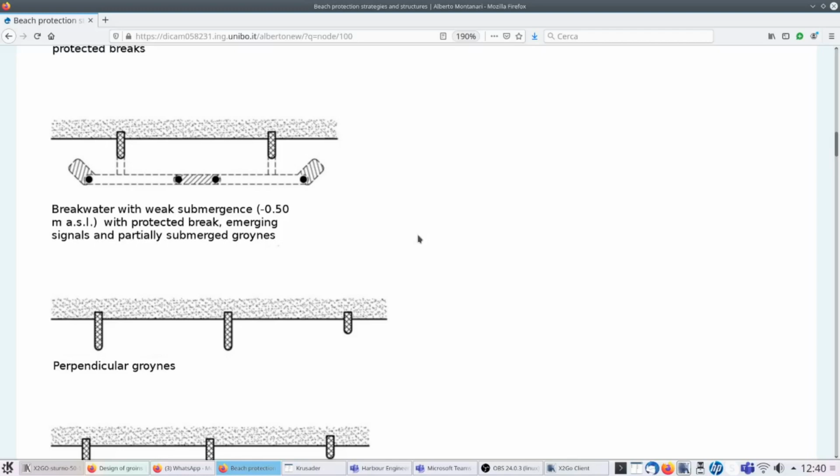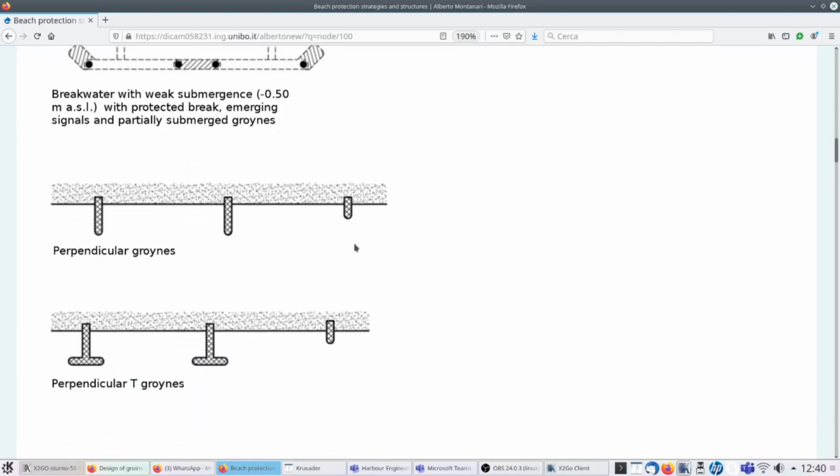The effect of a submerged structure with respect to an emerging one, I think you already know what the difference is in terms of effect. Of course, the emerging structure is more effective, especially with regard to storms. On the other hand, the submerged structure is much more environmentally friendly. So, as I said, this is a first combination.